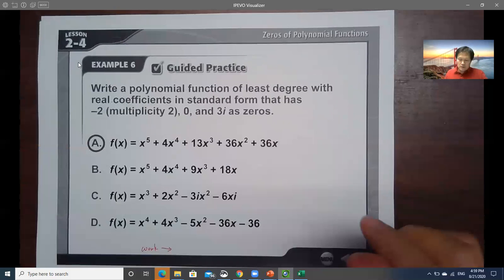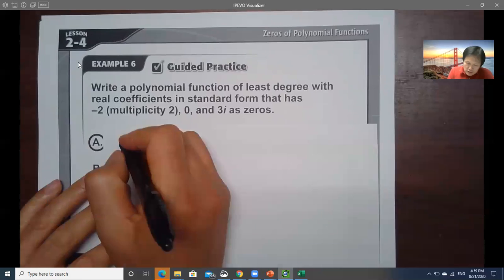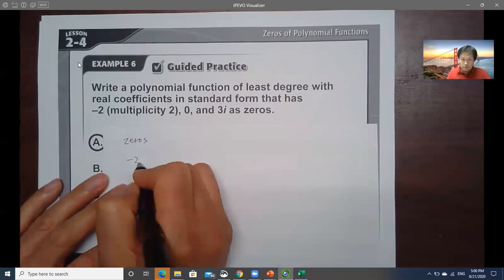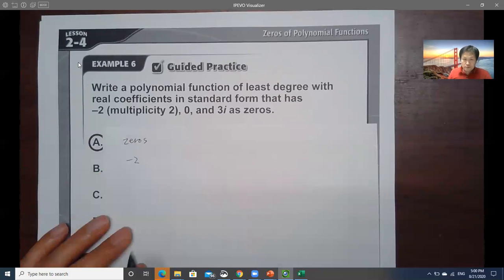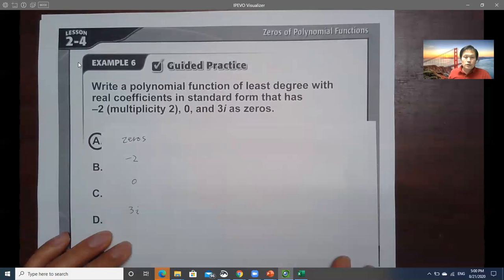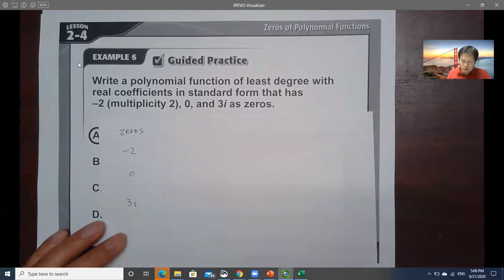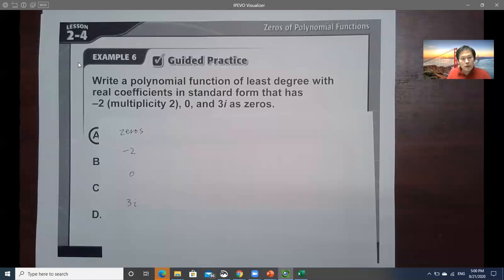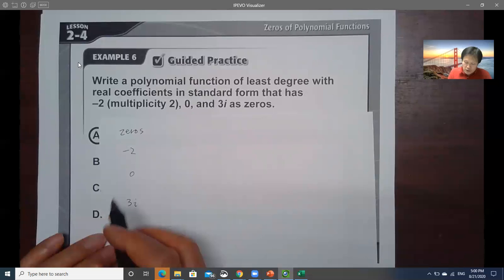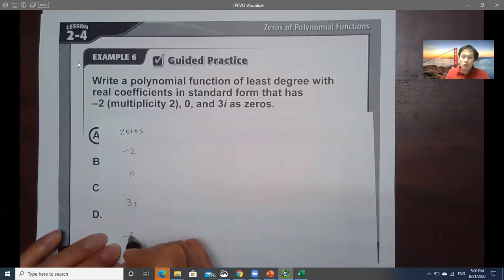You might say zeros: negative 2, 0, 3i. Hopefully you still remember, even though I gave you one zero of an imaginary number, each complex conjugate comes automatically. So 3i, change the sign of i, so negative 3i automatically comes together.